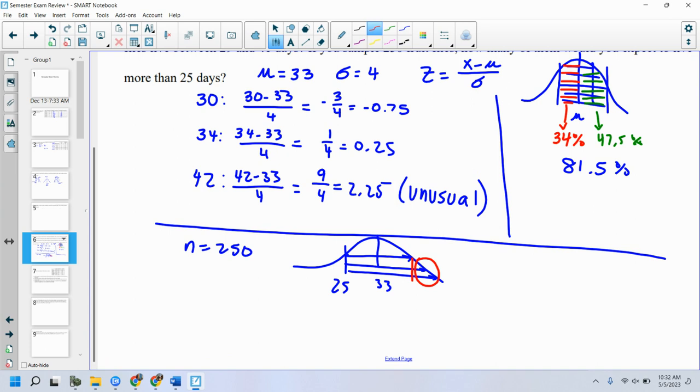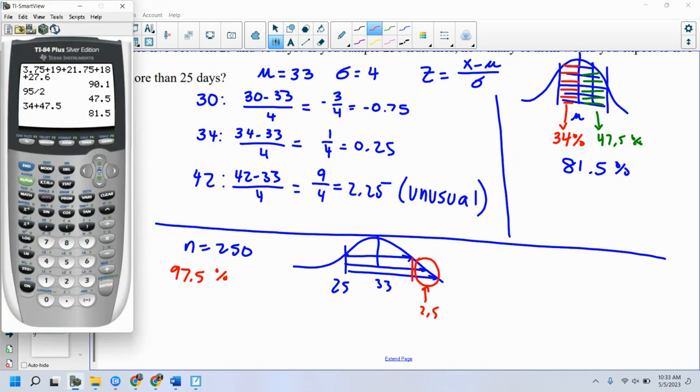So if this is 95%, 2 standard deviations top and bottom, that means 5% is left over, top end and bottom end, right? So this piece in here is 2.5%, right? It's the outside of the 95%, 2 standard deviations. So all said and done, I want 97.5% of those 250.